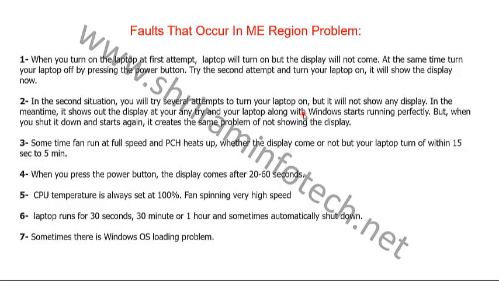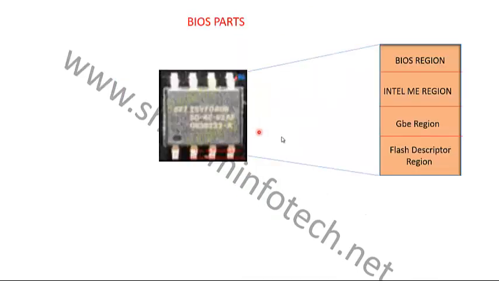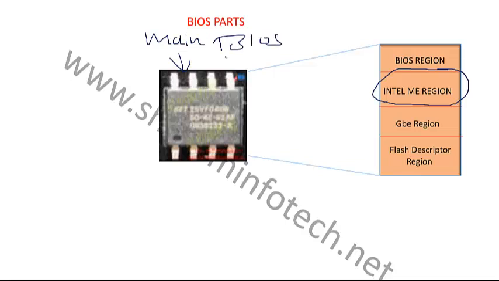Now where is this ME region BIOS? It is inside the CPU or the PCH, and its part is here on this main BIOS. This main BIOS may be 4 MB or 8 MB, it depends.